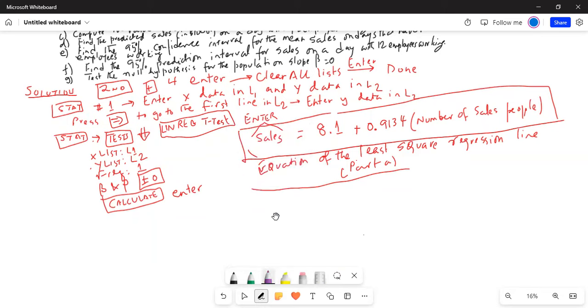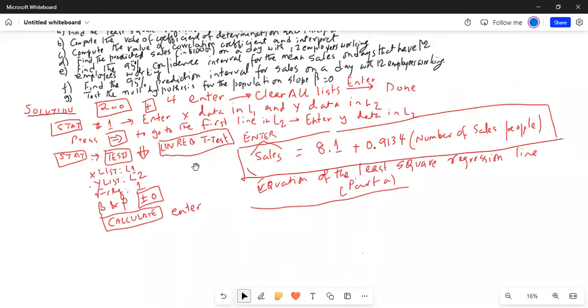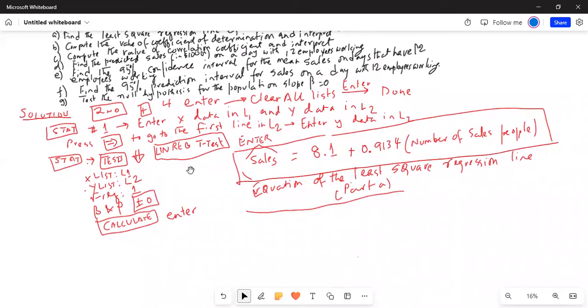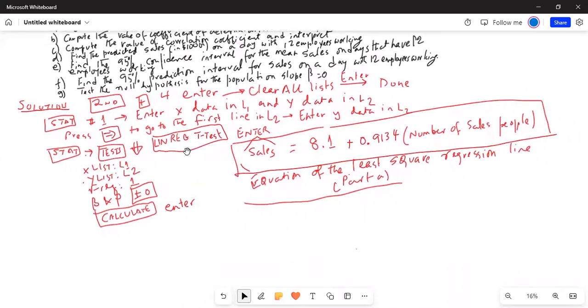Okay, so if you scroll down, the first thing you'll do is the coefficient of determination. Now let me move this a little bit. So we did part A, now we're going to do part B and part C.